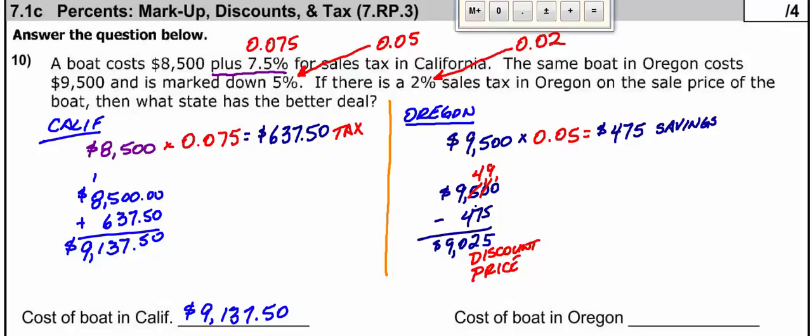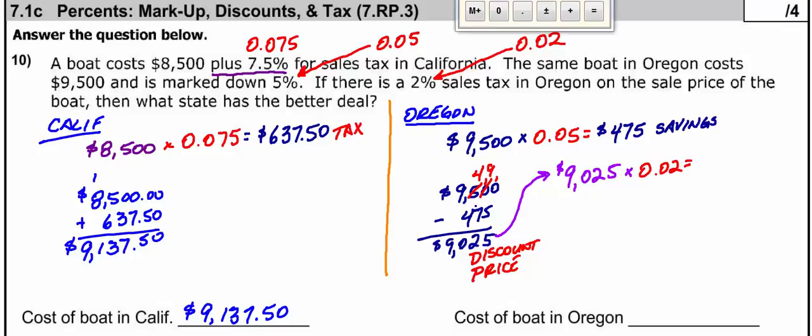If you go to the counter, you hand him your credit card, your American Express black card, to buy the boat, and you say to the guy, here you go, put $9,025 on my account. He's going to say, well, excuse me, but you have to pay the tax also. That doesn't cover the tax. So we need to take that amount, the $9,025, and we need to multiply that by the 2% sales tax.